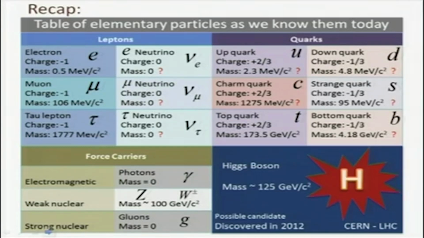There are 8 different types of gluons, and they are massless. And then we also discussed the need of an additional elementary particle called the Higgs boson within the standard model of particle physics.